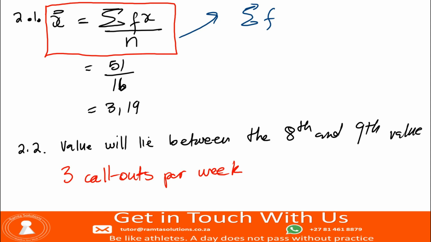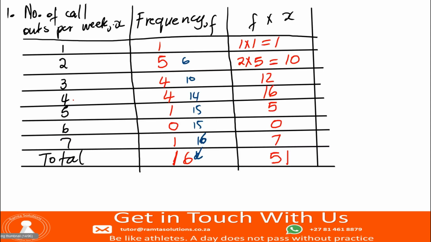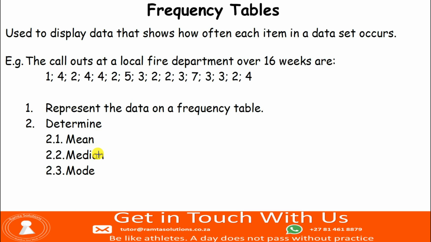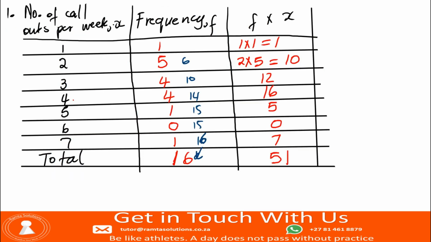Finally, the question says we must look for the mode. Remember, the mode is the value that appears the most. Let's look at our frequency table. Which value has a higher frequency? It's not the 1 callout per week, but it seems like it is the 2 callouts per week.